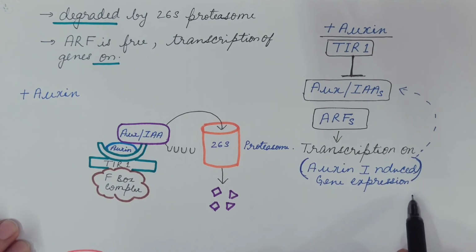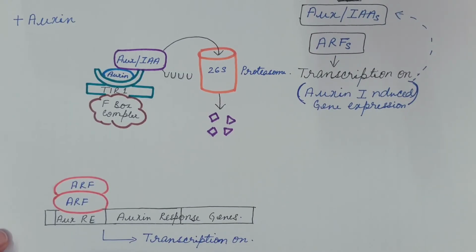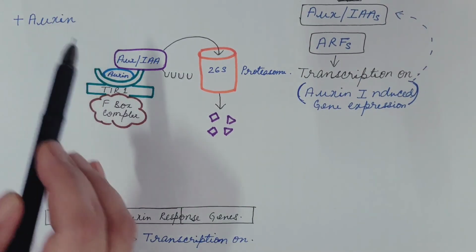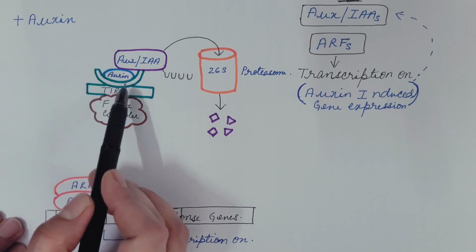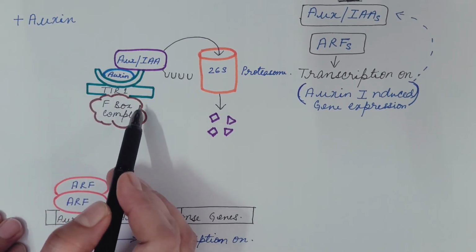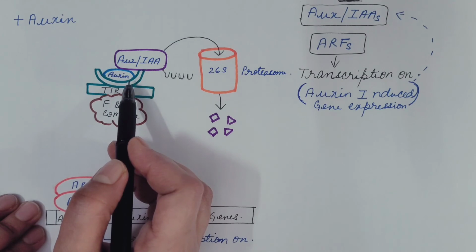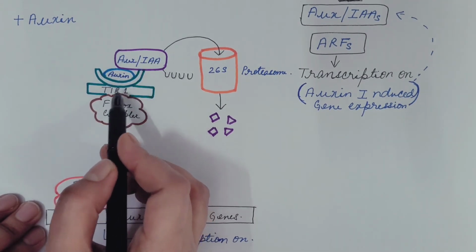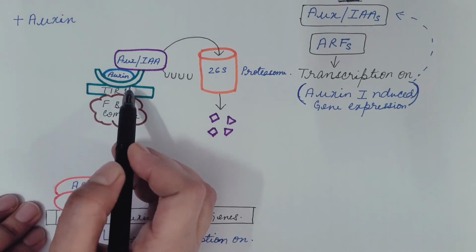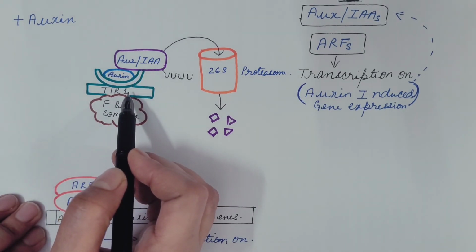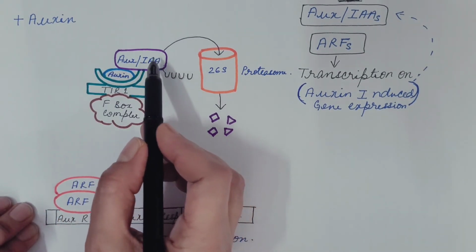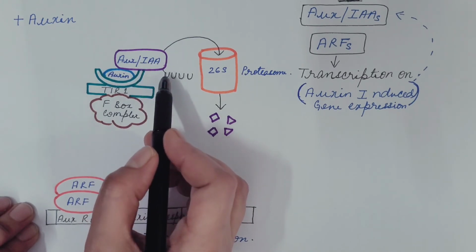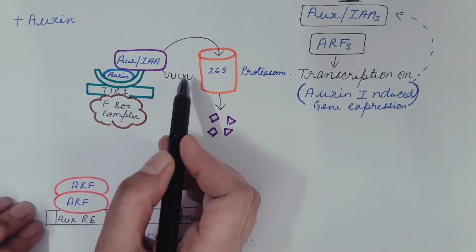or there is auxin-induced gene expression. Let us understand this with the figure. Auxin is present. Auxin comes and binds with the auxin receptor. It acts as the molecular glue between AUX/IAA and the receptor. This receptor also has E3 ligase activity. It tags AUX/IAA with polyubiquitin.